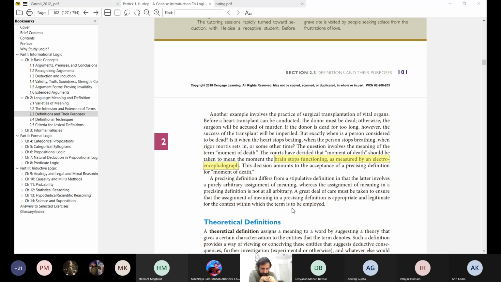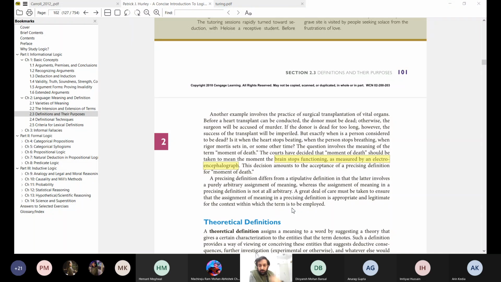So the take-home point there is that when you have debates, when you offer precising definitions, some precising definitions may be more important in some contexts, other precising definitions may be more important in other contexts. We saw that in a way in the Bill Clinton case, the definition between a sexual relationship and a sexual act.